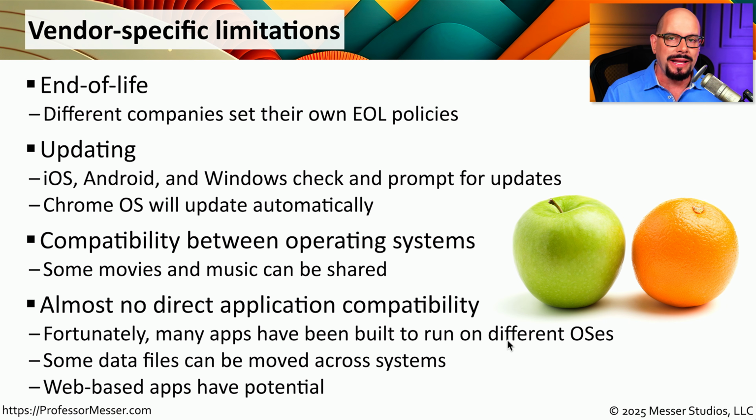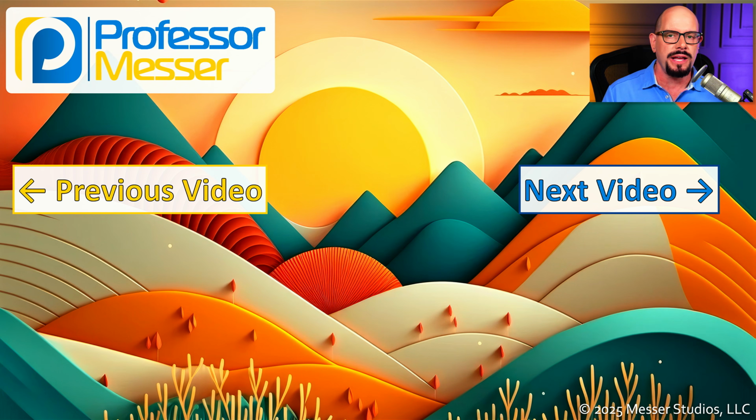If you're running an application, that application has to be written for the operating system that you're using. Fortunately, many software developers will create a standard file format that they can move between different operating systems without any type of problem. And you may find that many applications have become web-based, which means you can effectively run them in any browser regardless of the operating system.